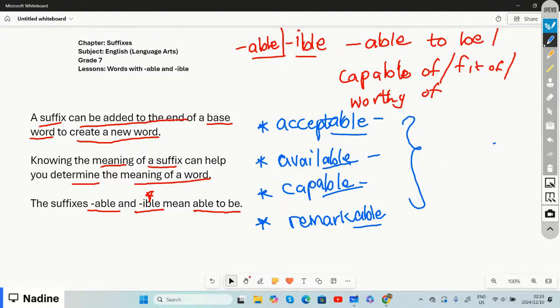So if we use the word acceptable, then we can say that it is able to be accepted. It's worthy of acceptance. Available, I'm here. I'm availing myself.